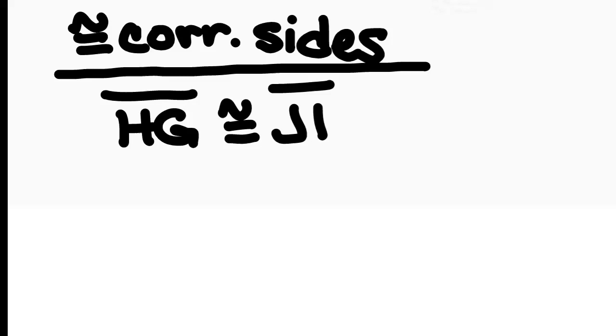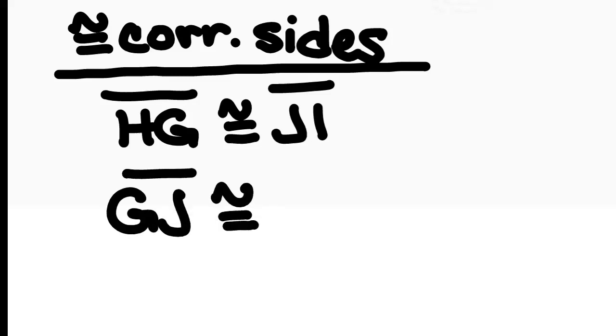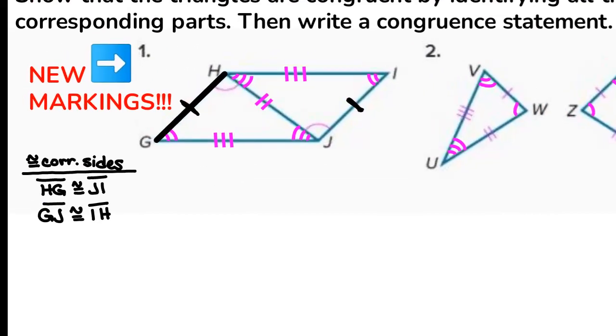What about side GJ? It's congruent to, I'm sorry, which one? HI or IH. And then this last one's a little bit weird, so I'm going to trace around what we're looking at here. So we have this triangle, HGJ.